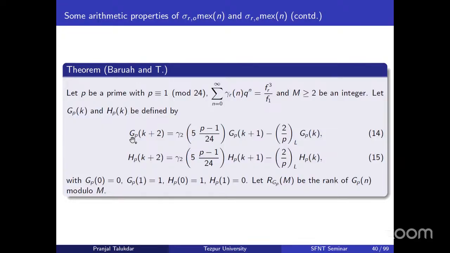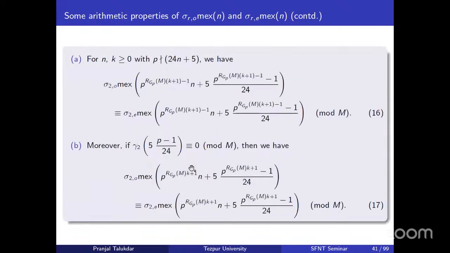So if Gn and Hn satisfy these two Lucas sequences, then we have these infinite families of congruences for sigma 2 odd max and sigma 2 even max modulo m. And if with this we add this extra condition, then we get another family of infinite congruences modulo m between sigma 2 odd max and sigma 2 even max. So we'll not go into details of these congruences because they are quite long actually.